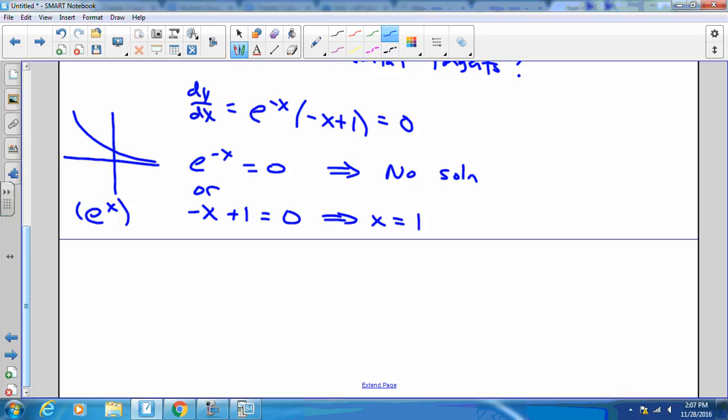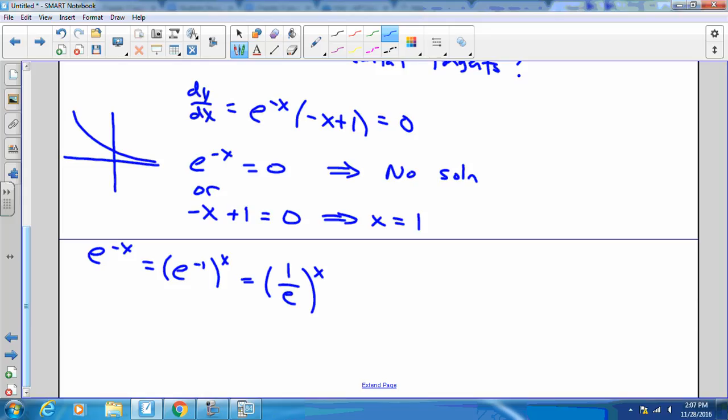Take a look here. What is e to the negative x anyway? Well, e to the negative x would be the same as e to the minus 1 to the x power. Yes? And e to the minus 1 is the same as 1 over e.